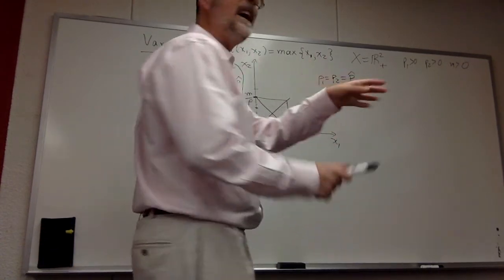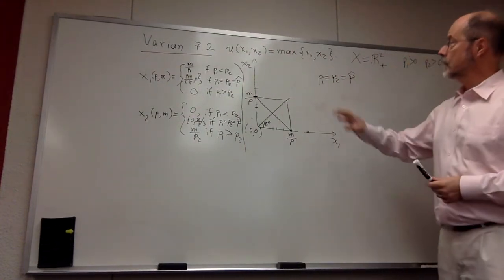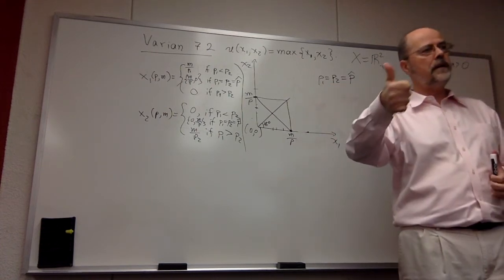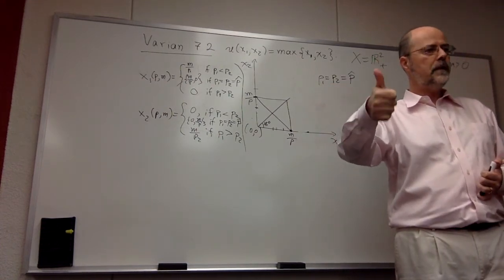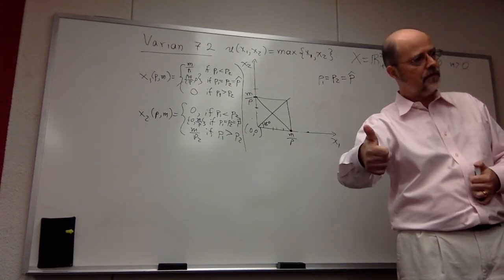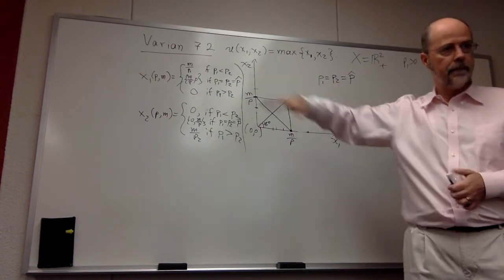So, okay, well, I will start. So, once again, I probably will have to consider the cases P1 less than P2, P1 equal to P2, and P1 greater than P2 separately, right? Since I have them separately here.